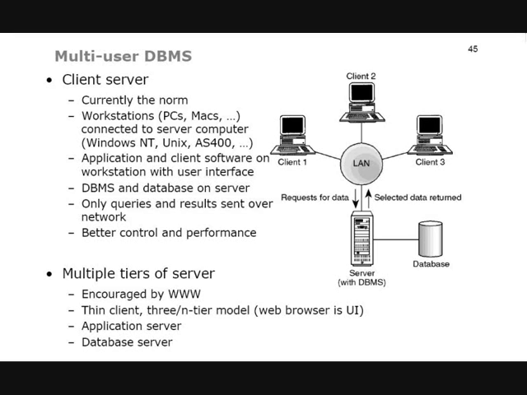The web browser is the initial tier, and then you have more tiers behind it to give you this n-tier architecture. So you might have an application server and a database server. Instead of one layer, you now have more layers in this new architecture, and this is the architecture that has become the norm.